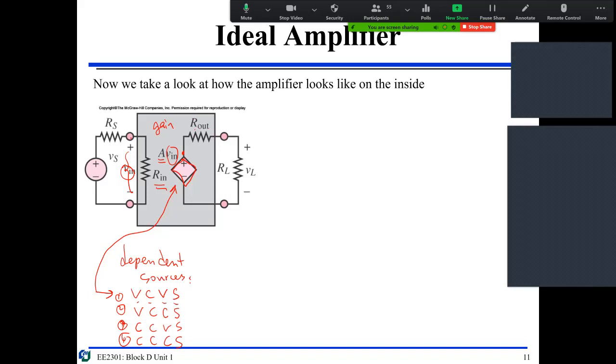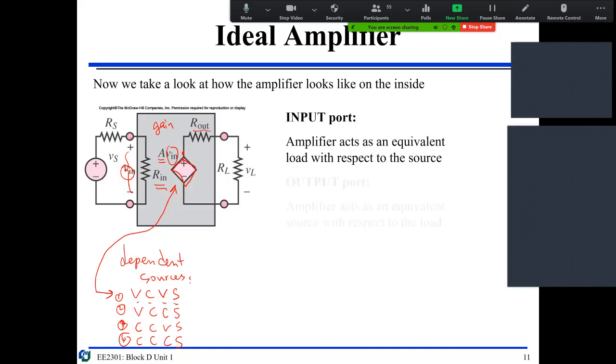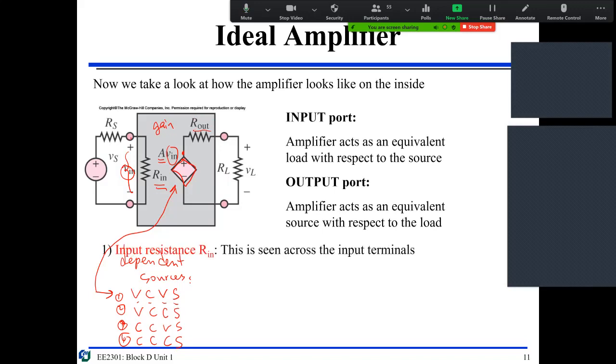Then you have R out, called the output impedance, and this RL is here. We see how the input port of the amplifier acts as the equivalent load with respect to the source, and the output port acts as the equivalent source with respect to the load. That's how we abstractly look at the ideal amplifier.